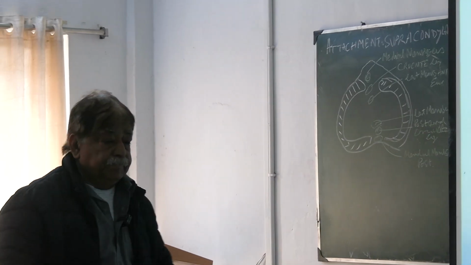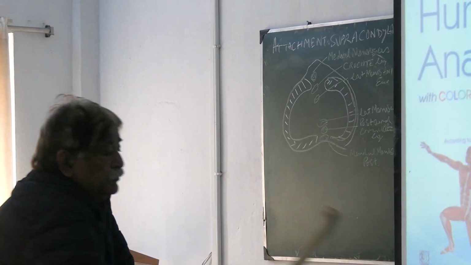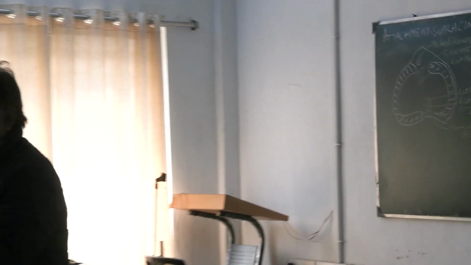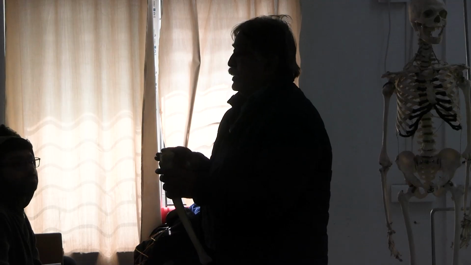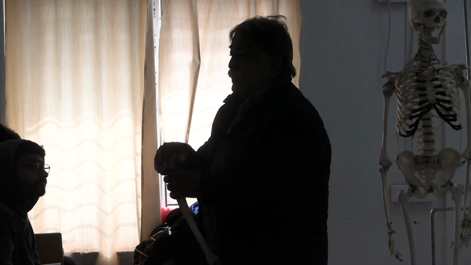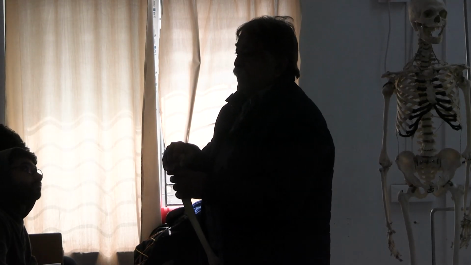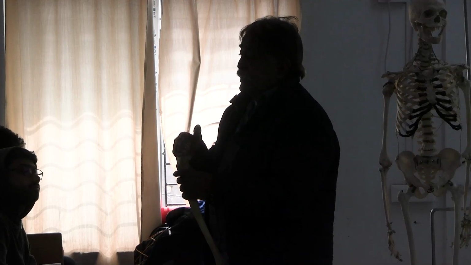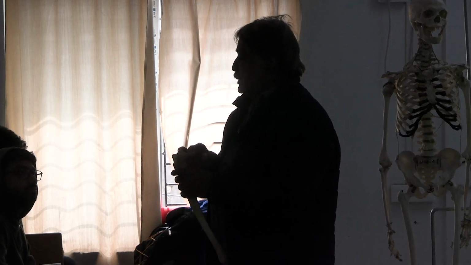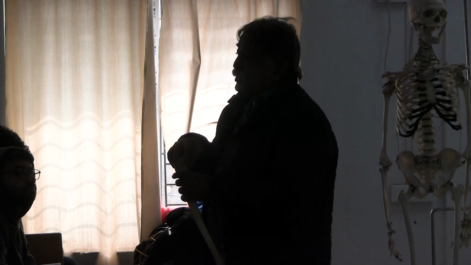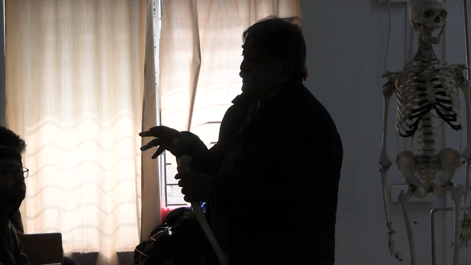Now you see, you will be asked the attachments on the condyles, and you will be asked also what are the functions of these and how they contribute in the knee joint.